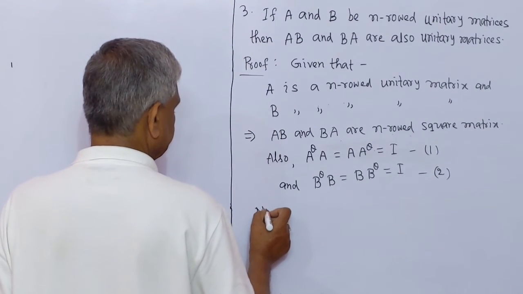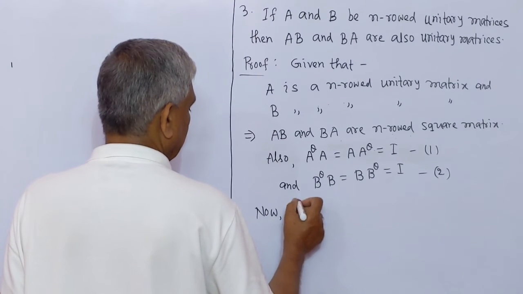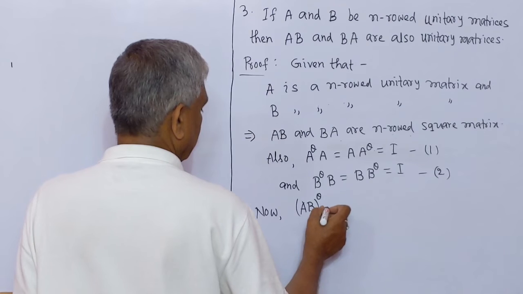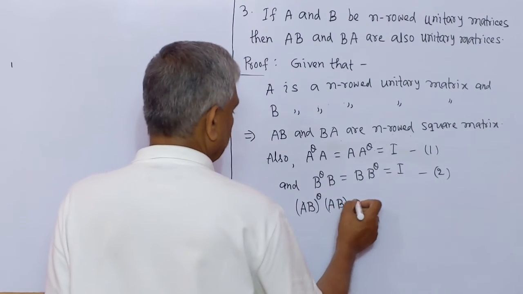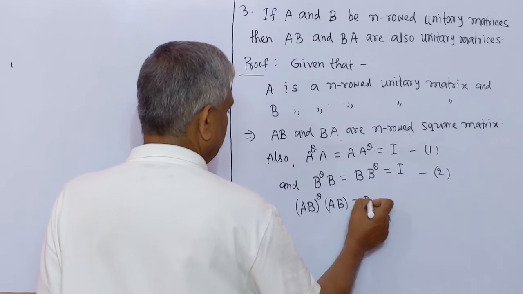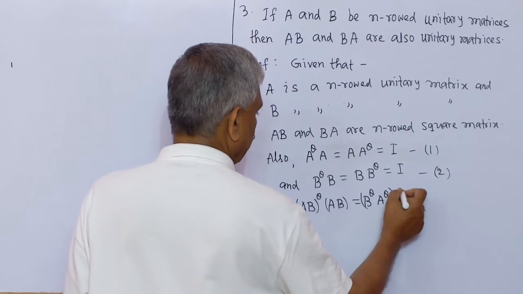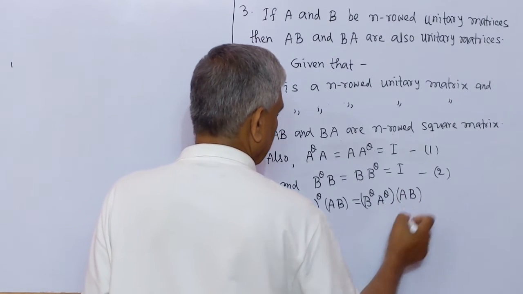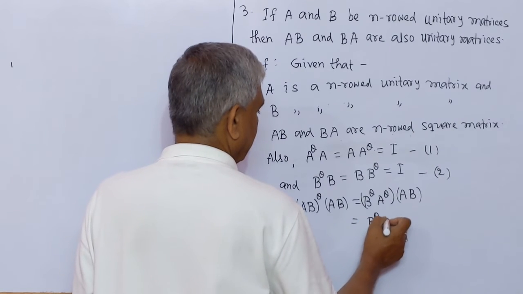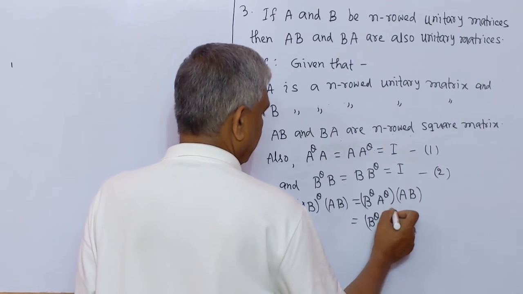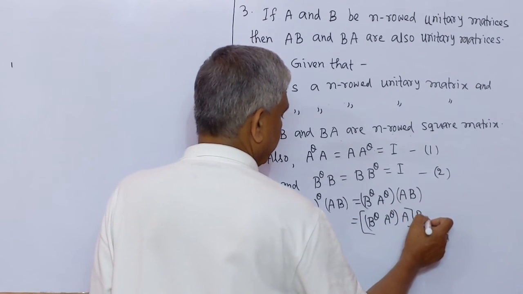Now, AB whole theta multiply AB equals, we know, B theta A theta multiply AB, implies that B theta A theta multiply A B, associative law.